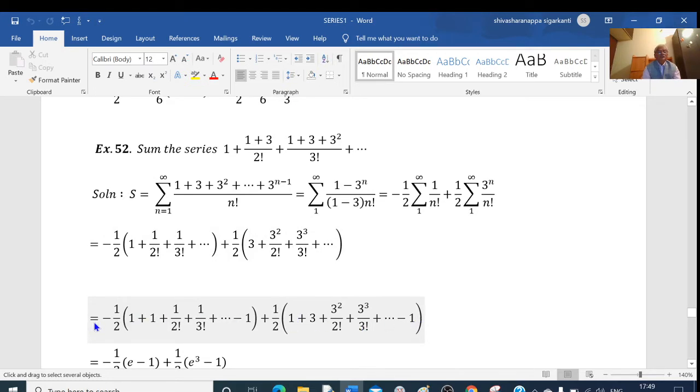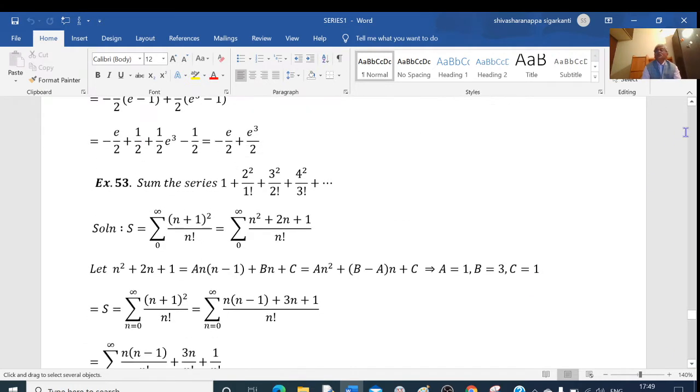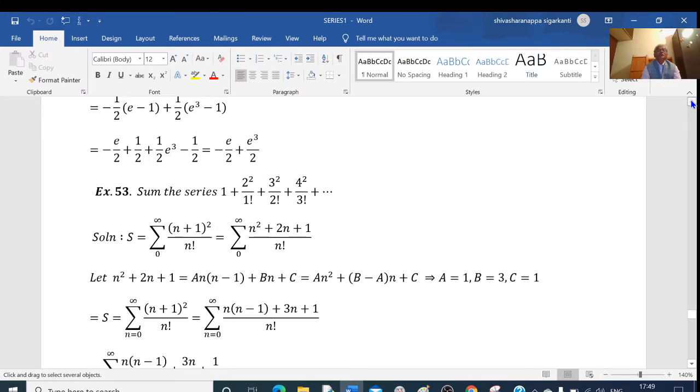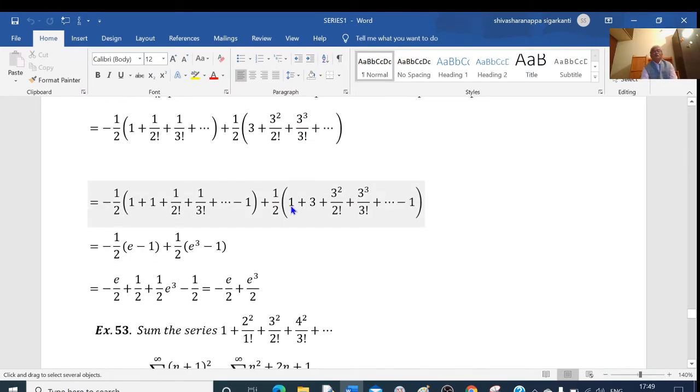Then what this becomes is minus 1 by 2 into, this term is nothing but e minus 1. That is minus 1 by 2 into bracket e minus 1 plus 1 by 2 into 1 by 2. This is 1 plus x square by 2 factorial plus x cube by 3 factorial means e to the power of x. That is e cube.